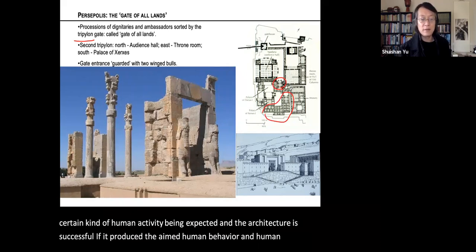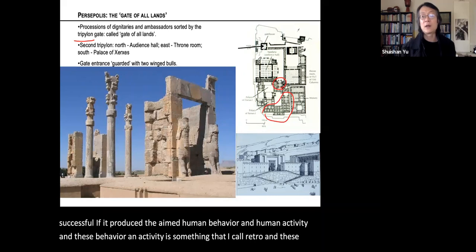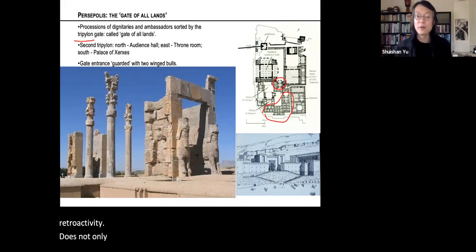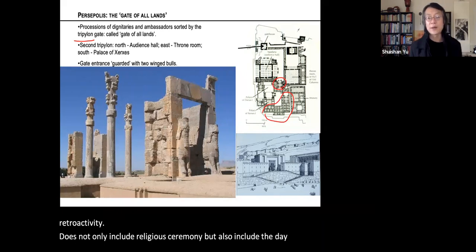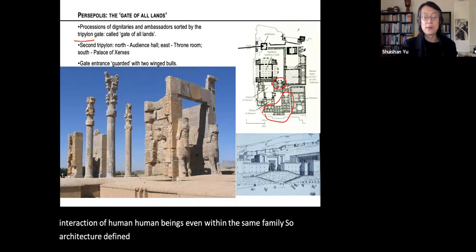And this behavior and activity is something that I call ritual. This ritual activity does not only include religious ceremony, but also the day-to-day interaction of human beings, even within the same family. So architecture defines space to induce a certain kind of activity and behavior.